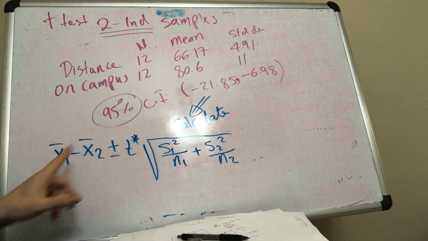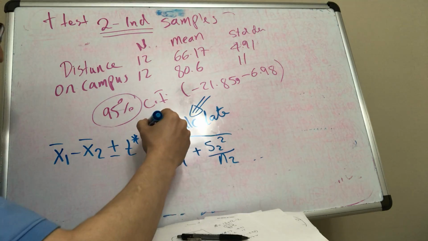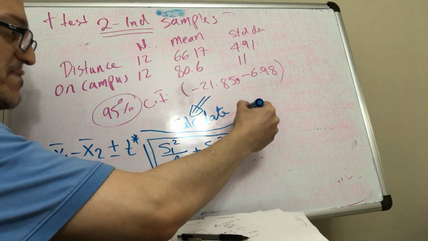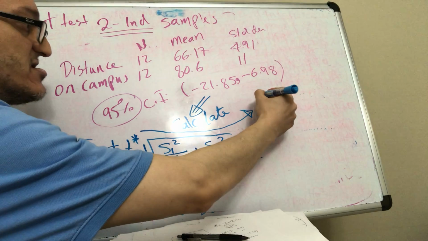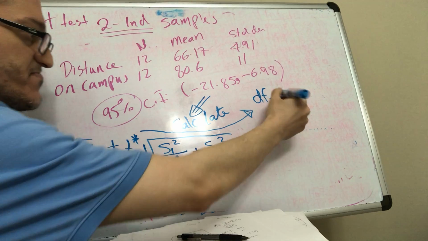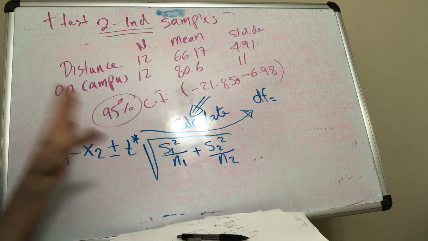The averages we have, the standard deviations we have, only T star we need. We get this from the T table. You need degrees of freedom. Okay, there's a big story about the degrees of freedom for this case.